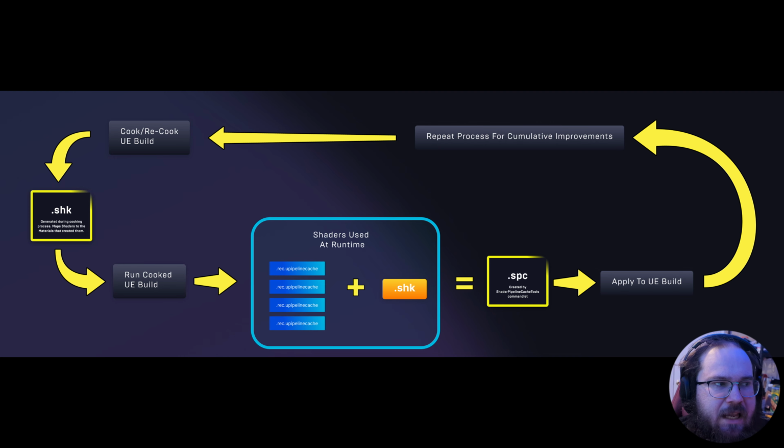So what they do instead is precompile them so that they're ready to be compiled at runtime. Then when these shaders actually get used, it combines the pipeline cache and the SHK to create what's known as the SPC, basically the shader pipeline cache tools.